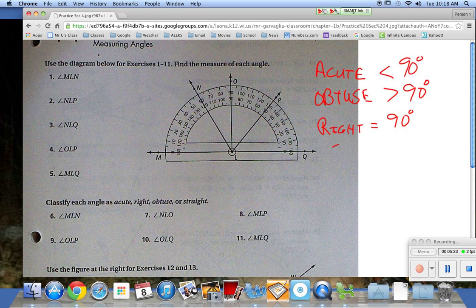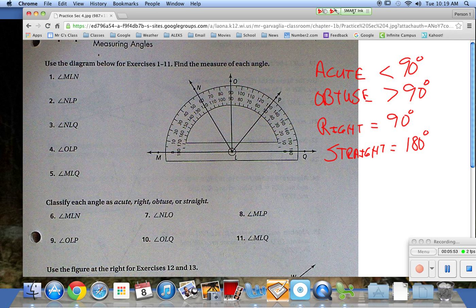And then there's straight. What does straight mean? Amber, what does that mean? It's straight across, yes. 180.